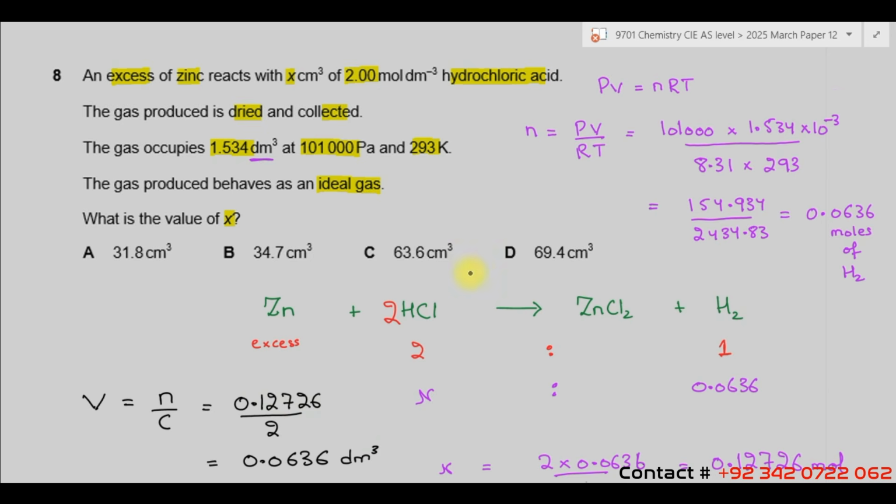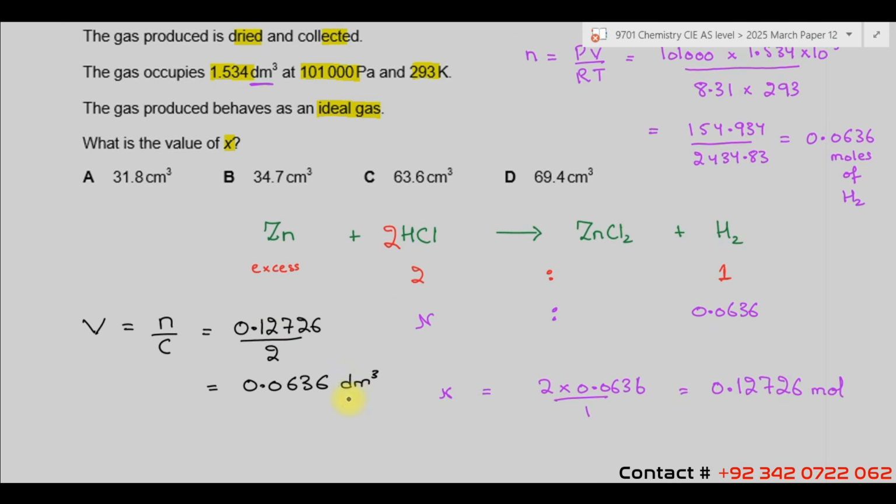Answers are given in centimeter cube, so now we can convert this into centimeter cube by multiplying by 1000. So 0.0636 into 1000, 63.6 centimeter cube. Correct answer is therefore C.